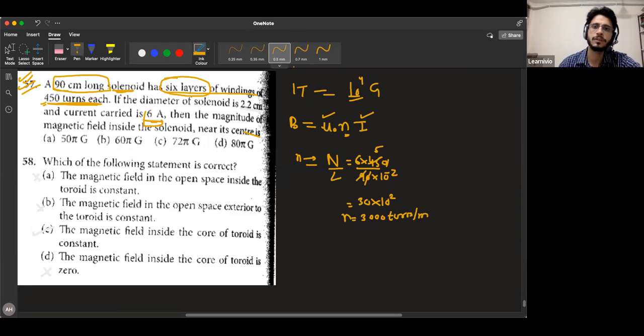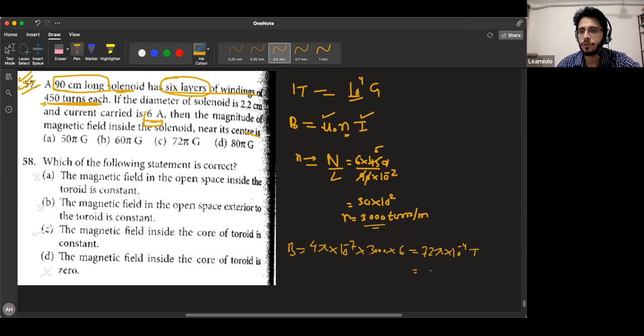Okay, Nabil, let's check. So we get small n also. Let's substitute all values here. So your B will come out to be mu naught, which is 4 pi into 10 raised to the power minus 7, into small n, which is 3000, into I, which is 6. So it comes out to be 72 pi into 10 raised to the power minus 7 plus 3 is minus 4 Tesla.